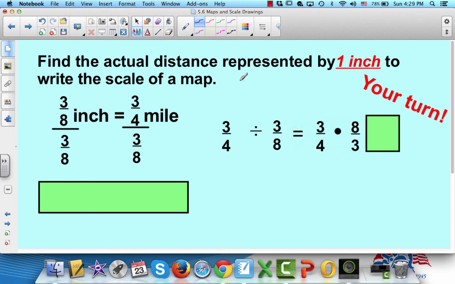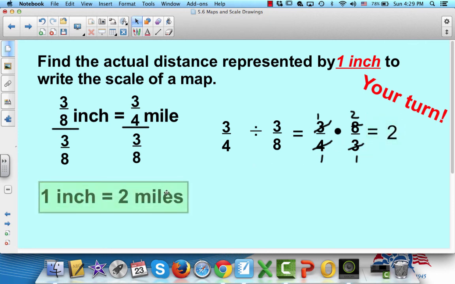Okay, so let's cancel some things out. 3 divided by 3 is 1. 3 divided by 3 is 1. 4 divided by 4 is 1. And 8 divided by 4 is 2. So we go 1 times 2 is 2. And 1 times 1 is 1. 2 over 1 is equal to 2. So 1 inch is equal to 2 miles.